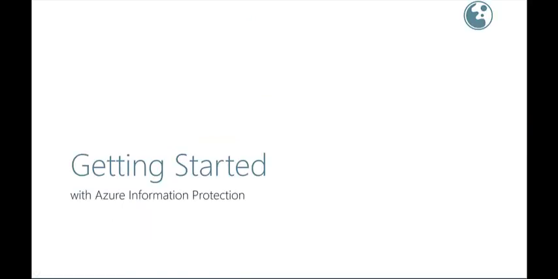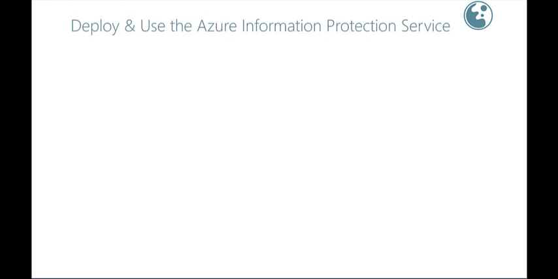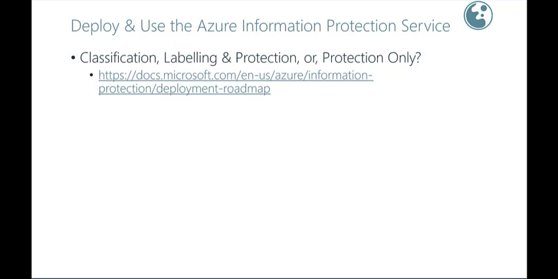So let's go into the getting started bit. How can you get started with Azure Information Protection? First of all, you need to deploy and use the Azure Information Protection service. Then you need to decide: are you going to do classification, labeling, and protection, or protection only?